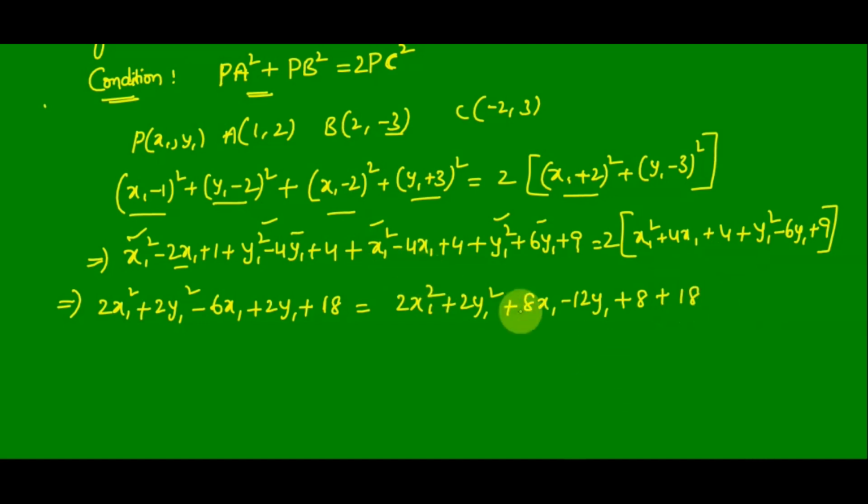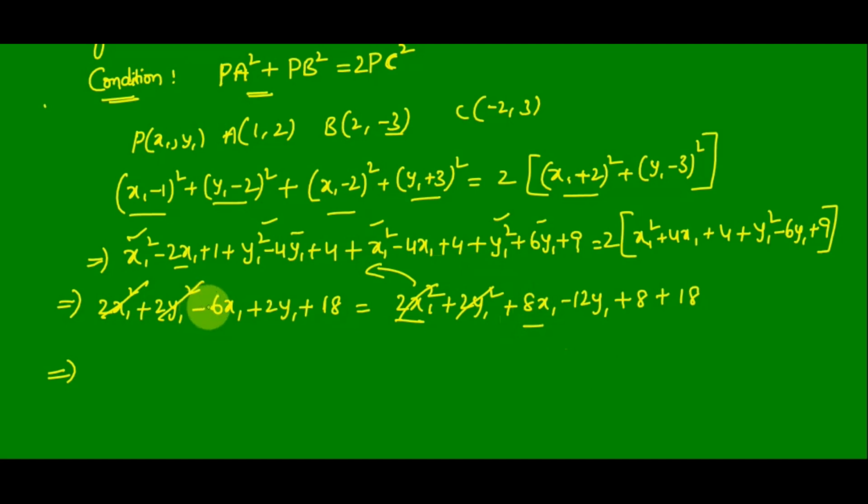Right. So if you bring everything to one side, what happens? Already 2x1 square is there. If you bring this 2x1 square to the left hand side, it will become minus 2x1 square. So 2x1 square and minus 2x1 square get cancelled. Similarly 2y1 square and minus 2y1 square get cancelled. Minus 6x1 is there; when the 8x1 goes to the left hand side, it will become minus 8x1.